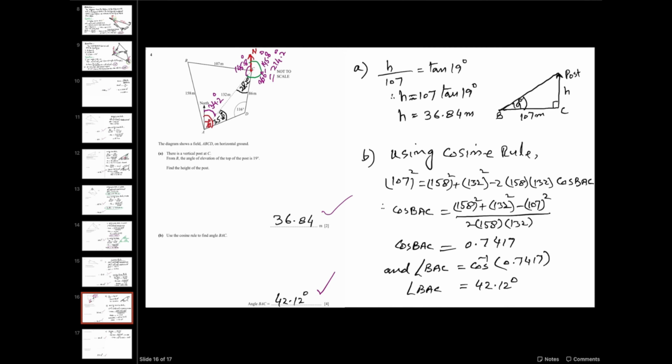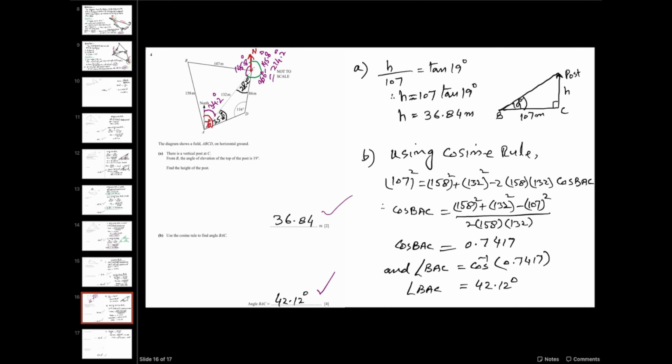Now cos BAC is equal to 158 square plus 132 square minus 107 square upon 2 into 158 into 132.